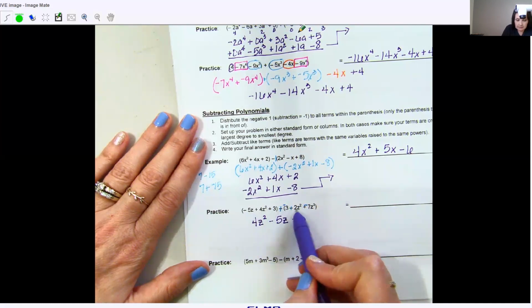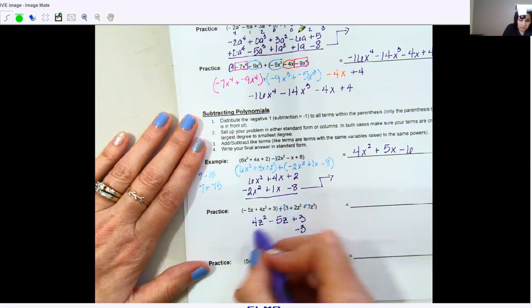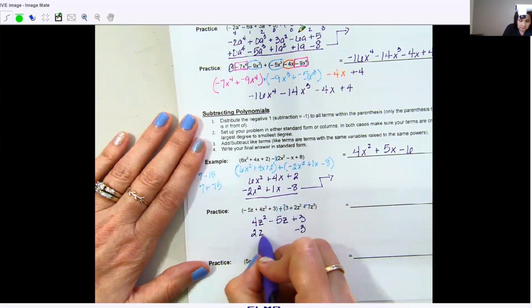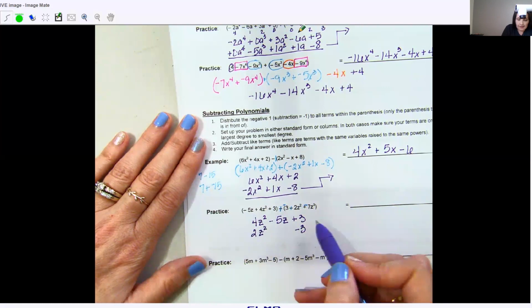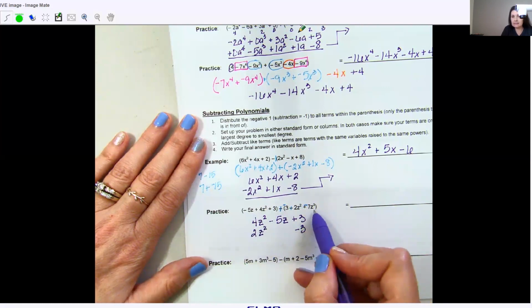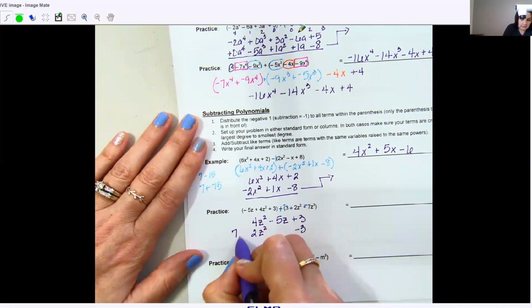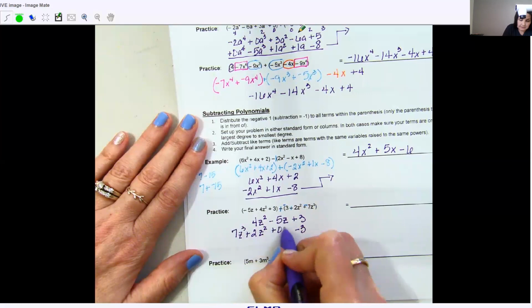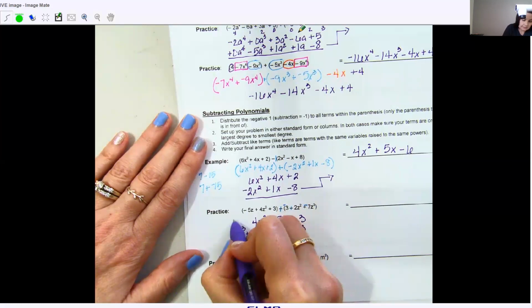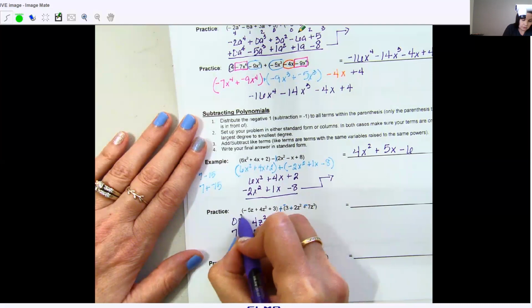I have a plus or a positive 2z squared, so that will go right here. And then I have a -7z cubed. Well, I didn't put anything over here, so I'm just going to put that 7z cubed. And then we'll just put plus 0z here, and I'll put 0z cubed here.